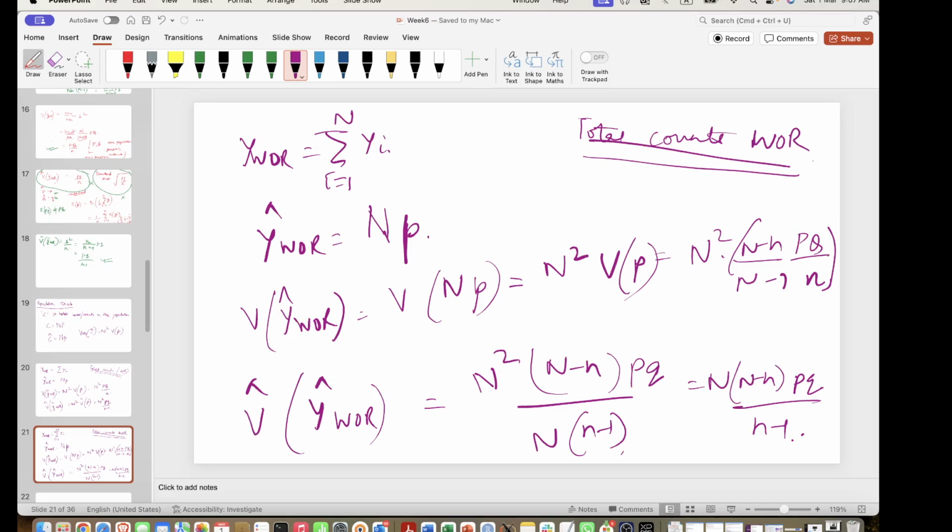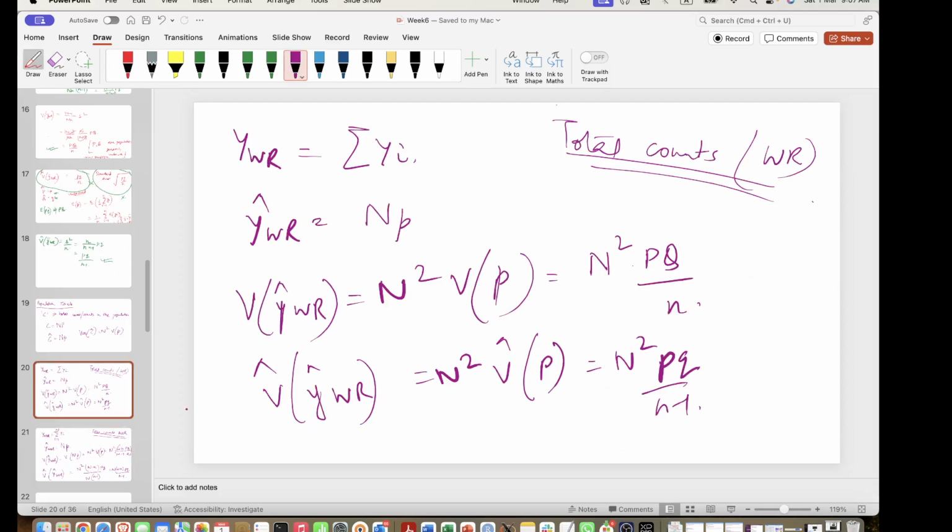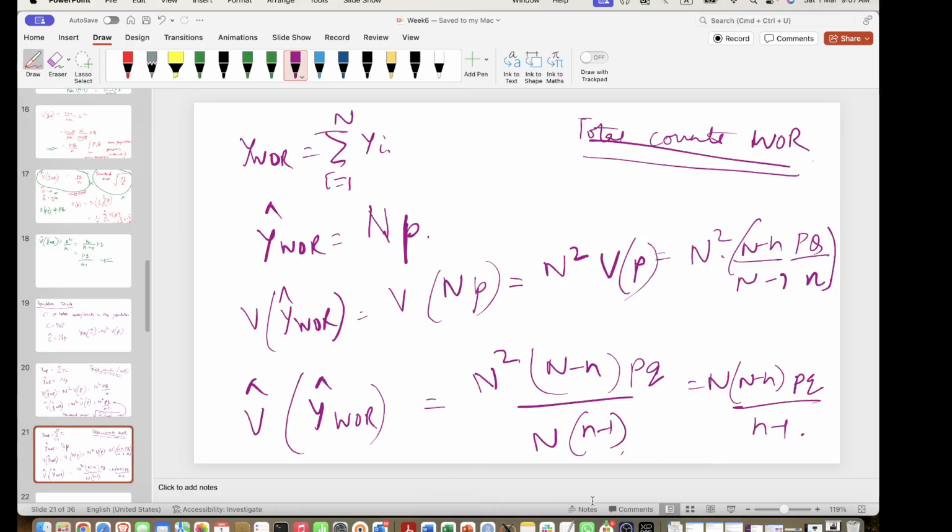Once we have this, if somebody asks what is the standard error, that would be root over V hat of Y hat WR, that is root over of this quantity. Same goes for here. If somebody asks what is the standard error, root over of this quantity.